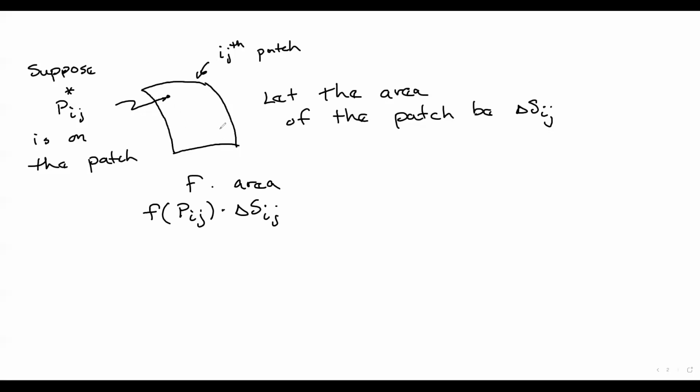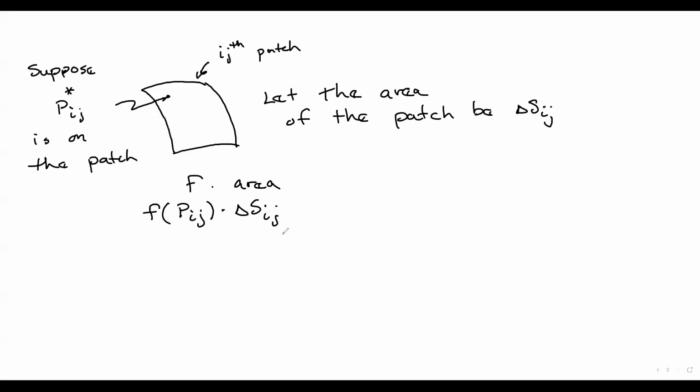The idea being here, if you had the function value and just distributed it all over the entire piece, and added all those up, that would be the same thing as taking the function value at one spot, assuming they're all the same, and multiplying by the area of the patch.